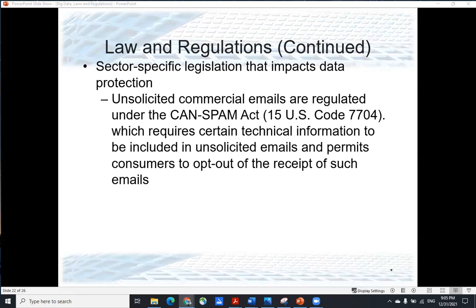But they are required to give you the option to click and hit unsubscribe. For example, if I click on unsubscribe in one of my emails, it gives me the option: are you sure you would like to stop receiving similar messages from this website? And you can say yes, unsubscribe, or you can hit cancel.